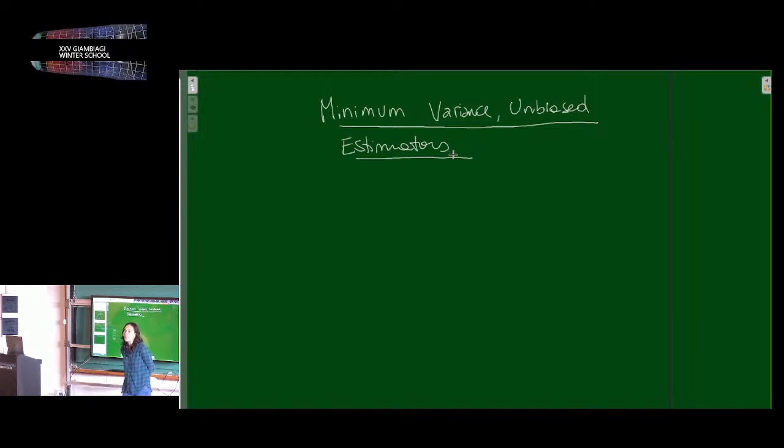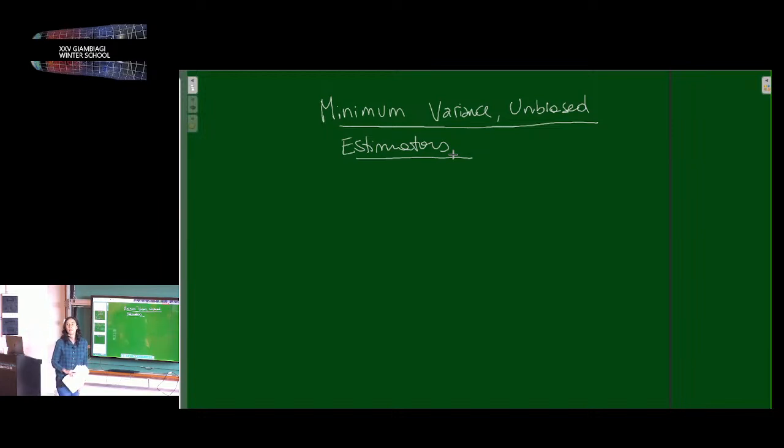We're constantly building estimators of the quantity that we want to measure, okay? Estimators because we have one observable universe and you want to estimate the true correlation function or the true power spectrum.